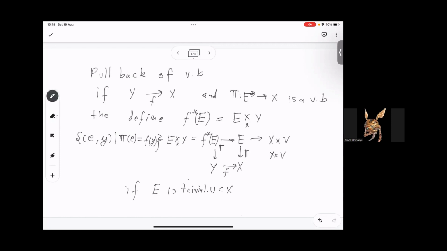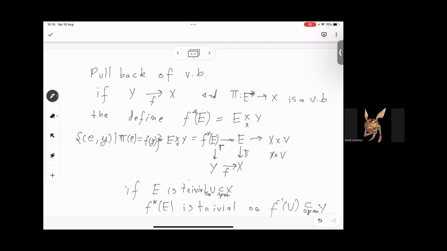So what is now going to happen is if E was trivial on some U open in X, then f star E is trivial on f inverse of U, which again is open in Y. So this ends up proving for us that the pullback is also a vector bundle simply because the pullback of trivial is trivial, right?